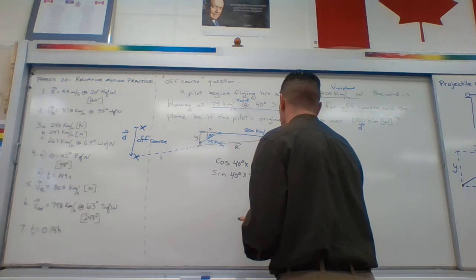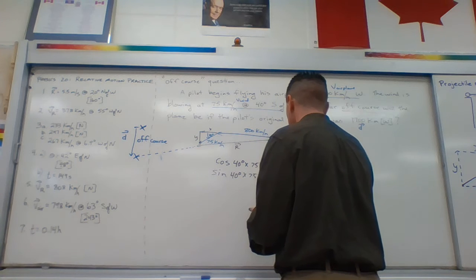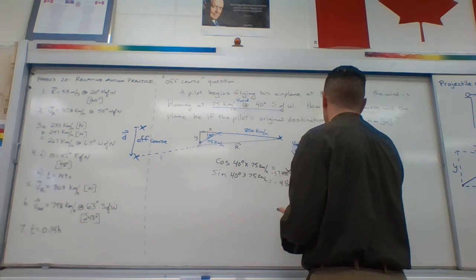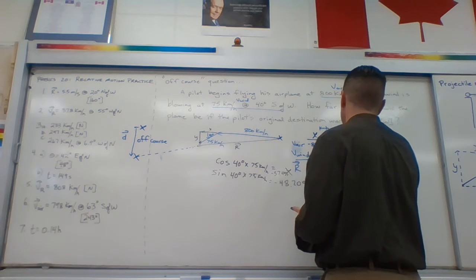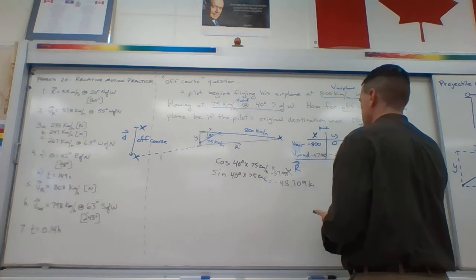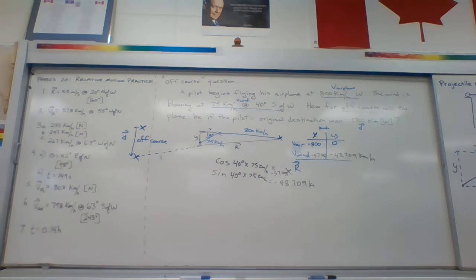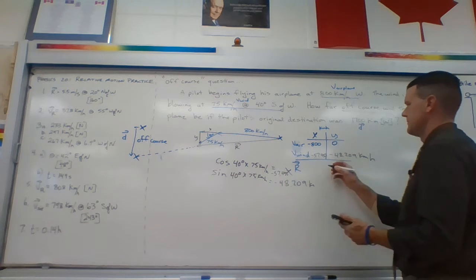Sorry, I should have more space here. This is going to be negative because it's going down. Negative 48.209. Let's use that. Okay, for my wind. Yay, those numbers look right. Okay, so now we just add them up.